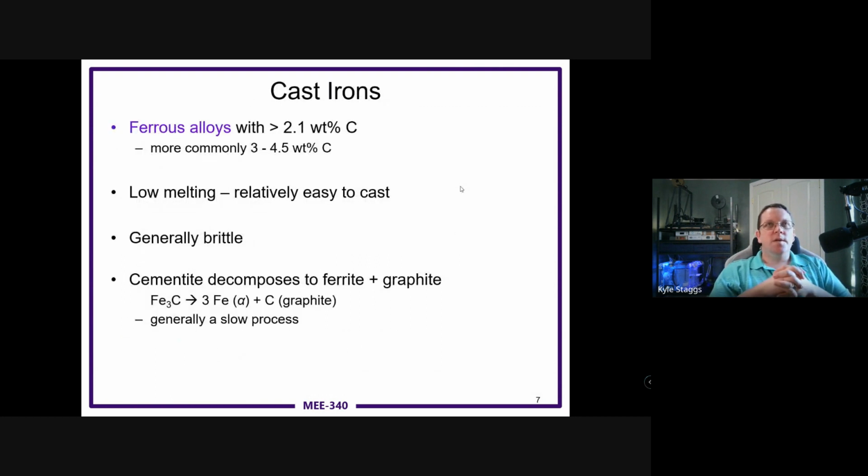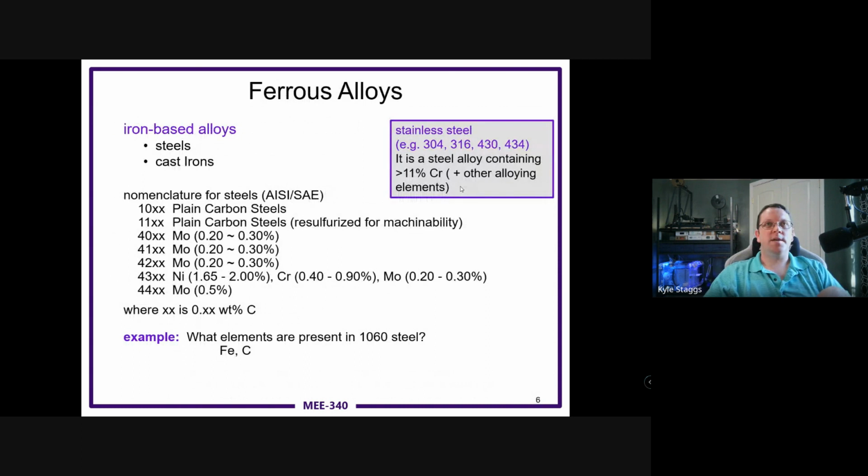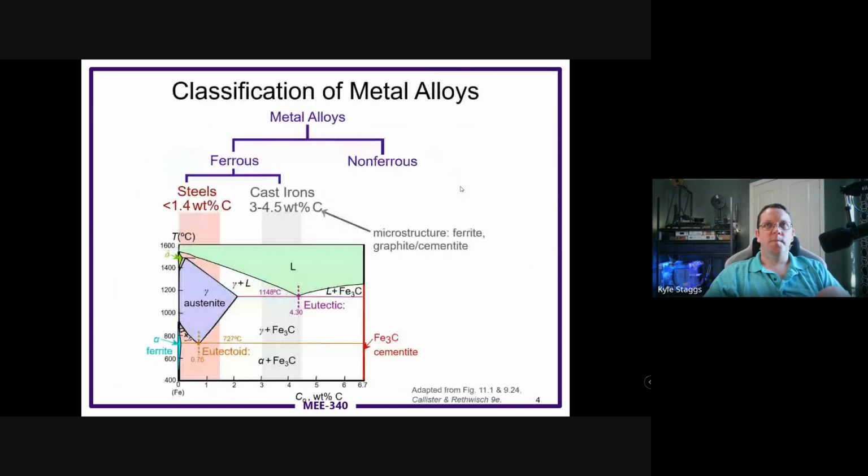Cast irons are a little bit different. They're much more commonly very high carbon content, because for most of the applications you want something that's very easy to cast, but also that means you need a low melting point. So going back to see our diagram, right?